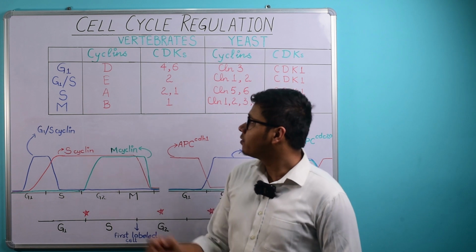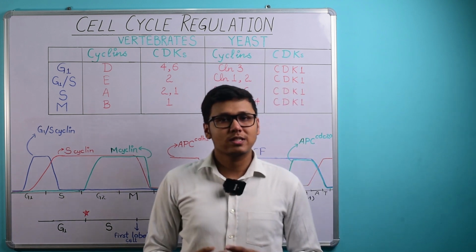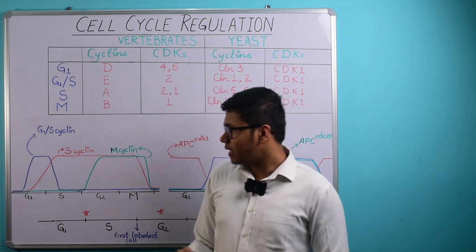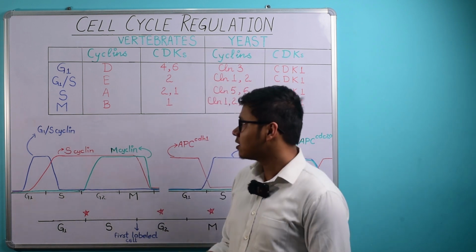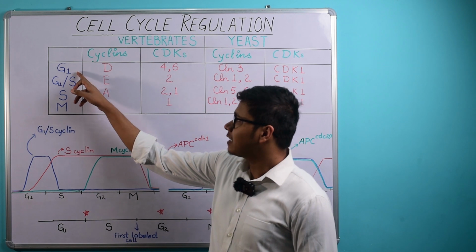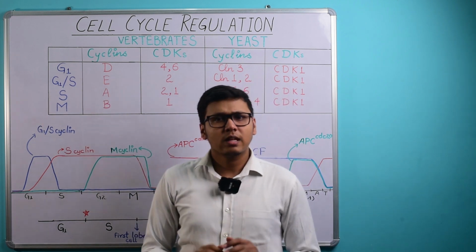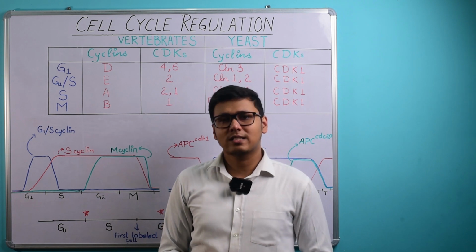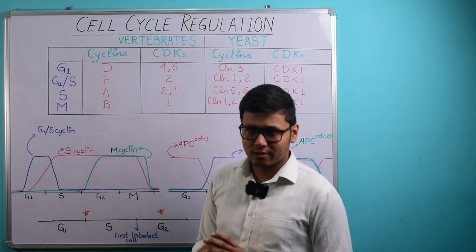How the level of different cyclins changes throughout the cell cycle can be interpreted from this graph very easily. So let's take all the cyclins one by one. Firstly, the G1 phase cyclin. Its level remains almost constant throughout the cell cycle, so it's not mentioned in this graph.